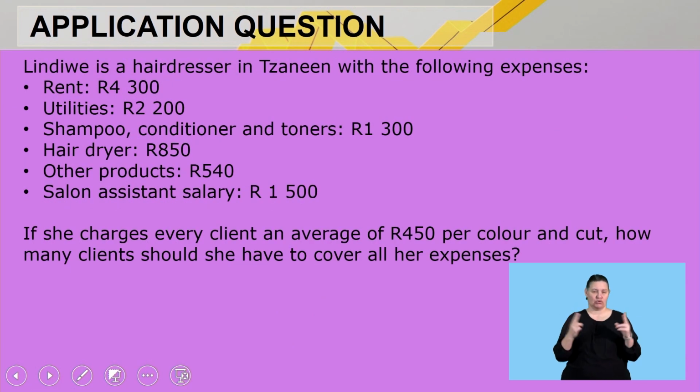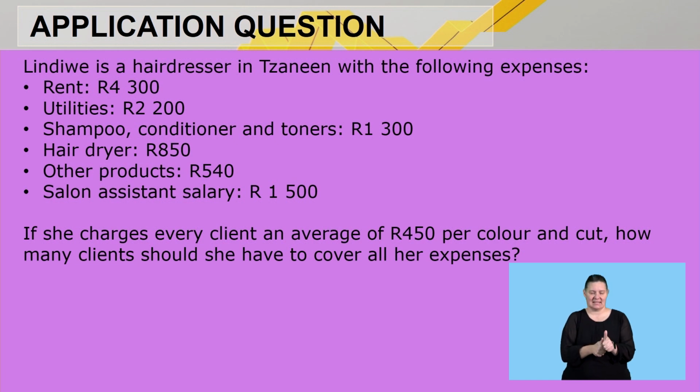Lindiwe is a hairdresser in Sanin with the following expenses: rent 4,300, utilities 2,200, shampoo, conditioner and toners 1,300, hair dryers at 850 rand, one hair dryer, and then other products is 540 rand.